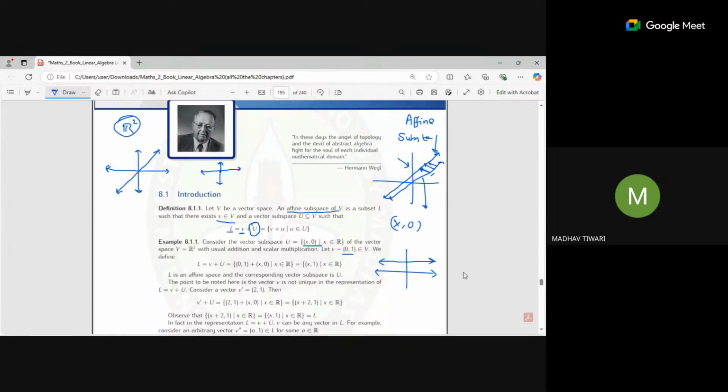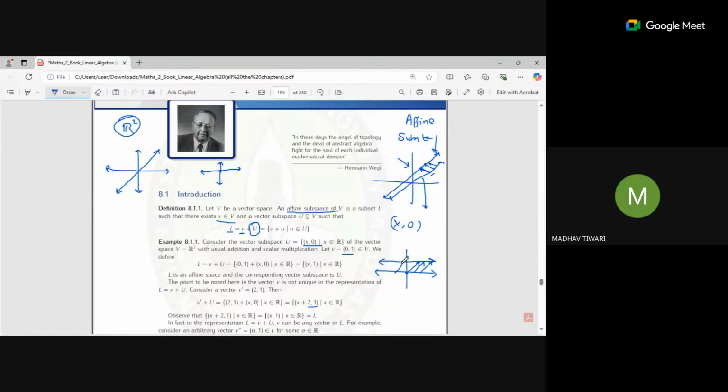If I want to shift my subspace from the x-axis to this line, it is not always that I choose 0 comma 1. Maybe I can choose 2 comma 1, meaning this point moves two units to the right and one unit up. This point is translated from here to here, the next point that was here gets translated here, and this point gets translated here.